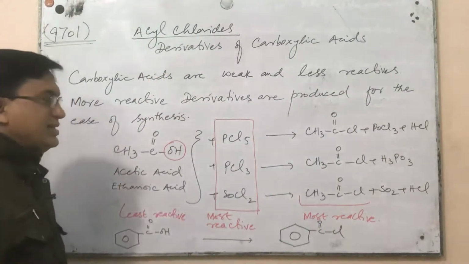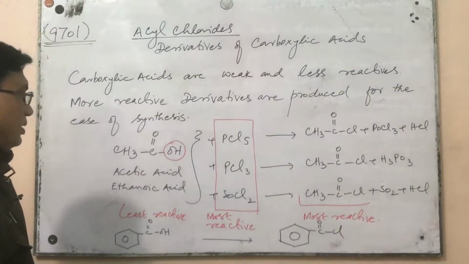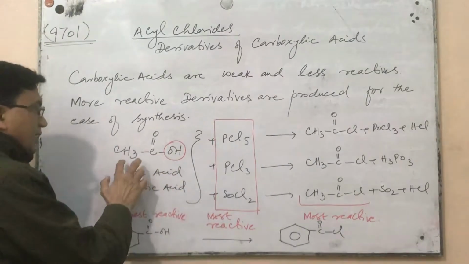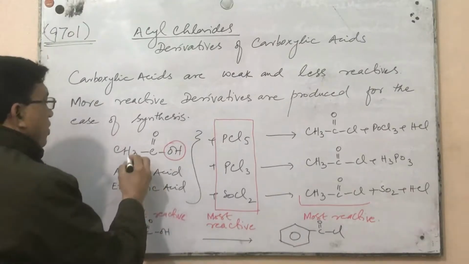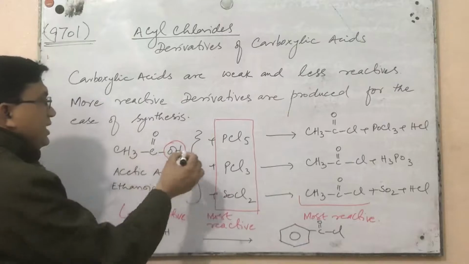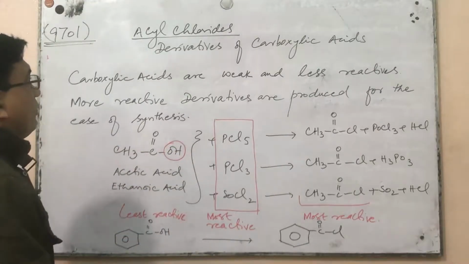Generally, from acetic acid, acyl chloride is formed.